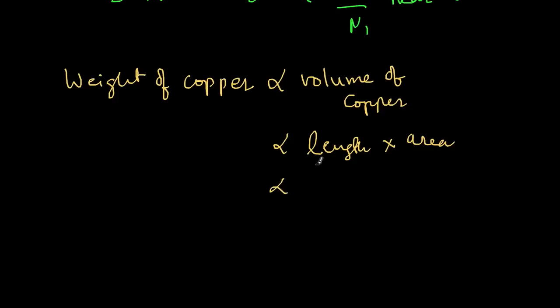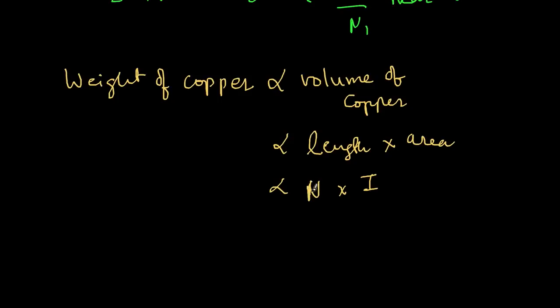And the length is proportional to the number of turns. And the area of cross section is proportional to the current, because if you want to carry more current, you will have to use a larger cross section area. Otherwise, the resistance will be more and heating will be more. Typically, the current carrying capacity of a wire is proportional to the area of cross section of the wire.